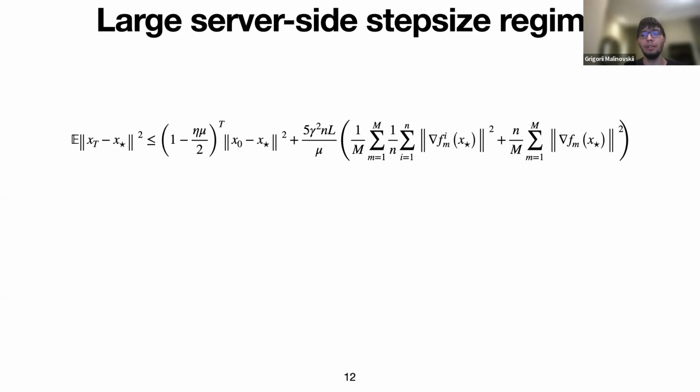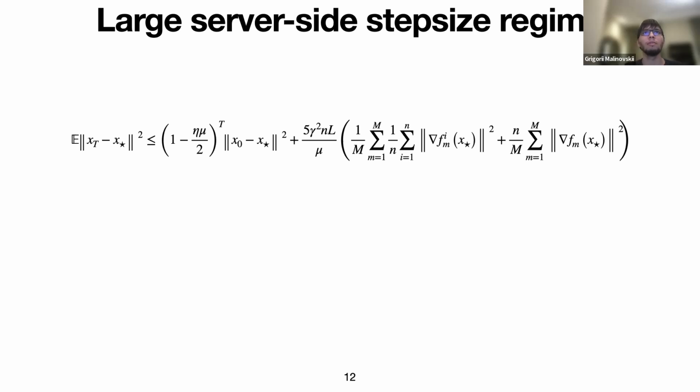Okay, let me continue. Let me consider the bound for the strongly convex case, and I think it would be illustrative. We have three terms here. The first one is a linearly decreasing term, proportional to the distance between the initial model and our solution.